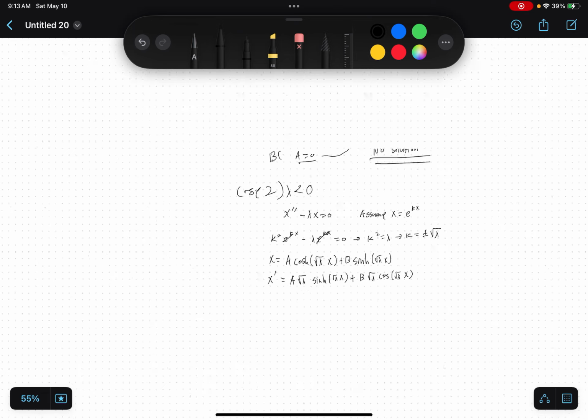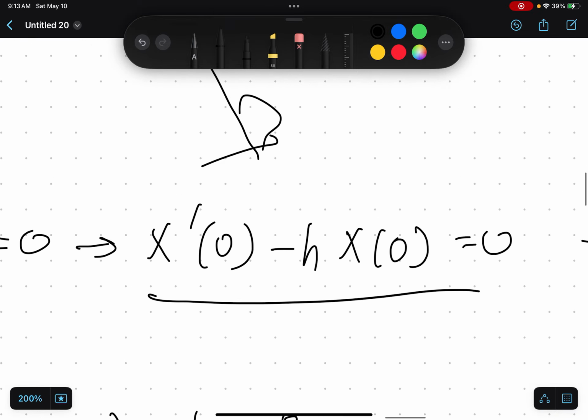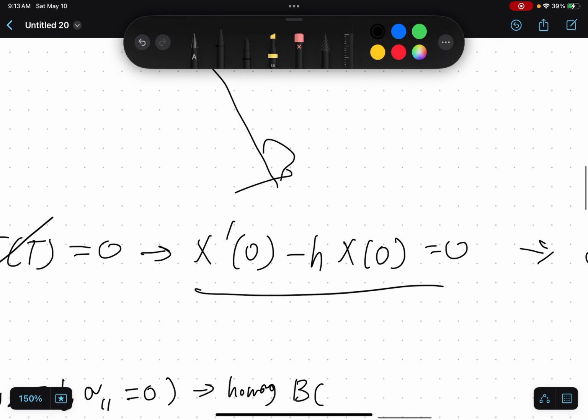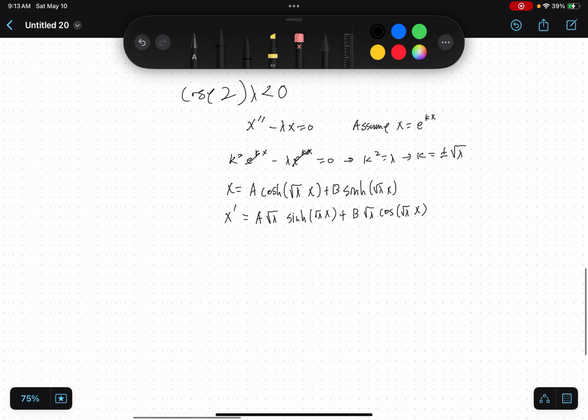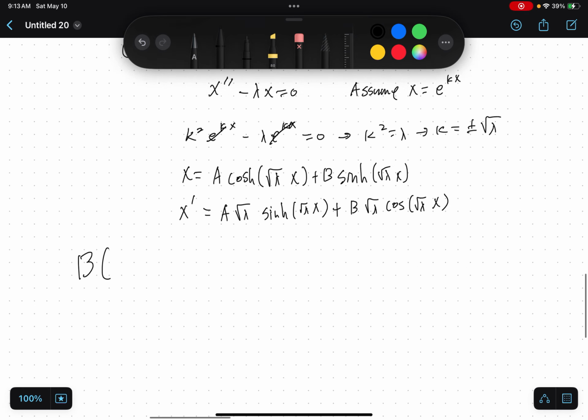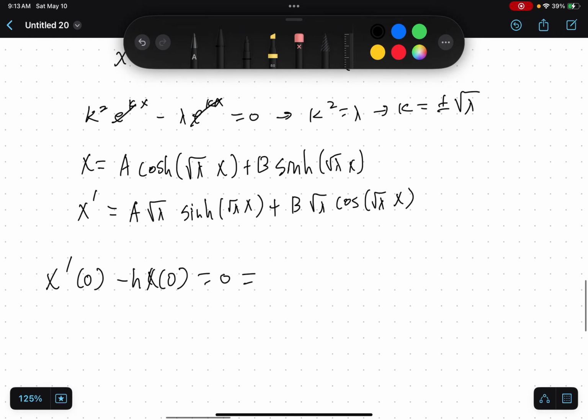Okay, so now, first boundary condition, this one. X prime at 0 minus h x at 0 equals 0.